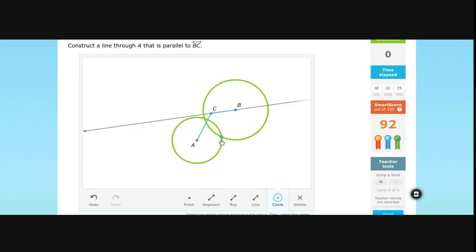The intersection of these two circles show you where that final point of the parallelogram needs to be, and we can draw a line from point A through that point, showing that the line that goes through point A is parallel to line BC.